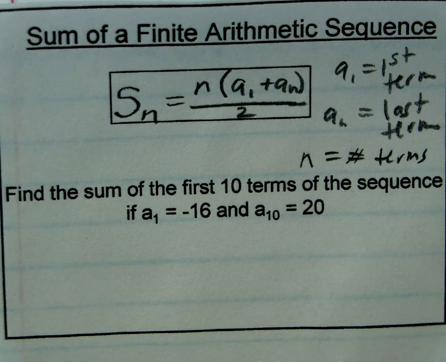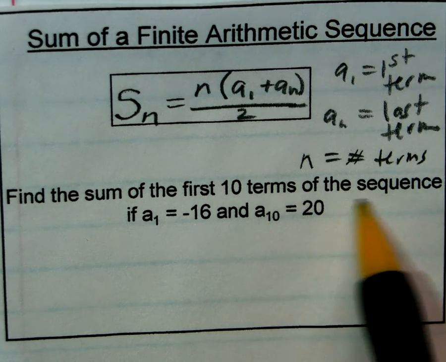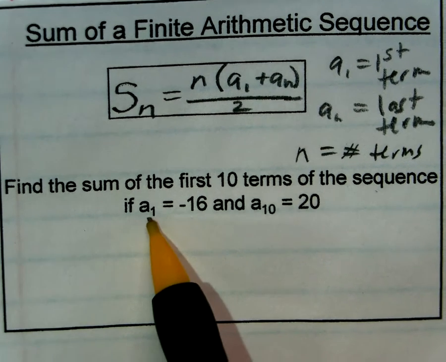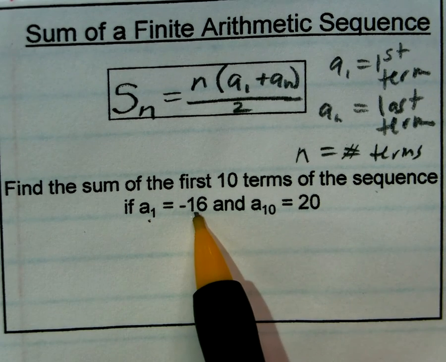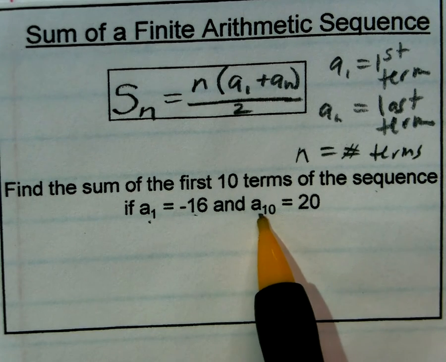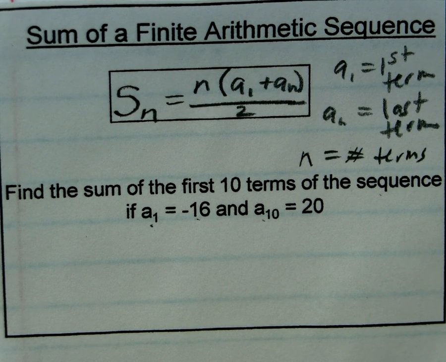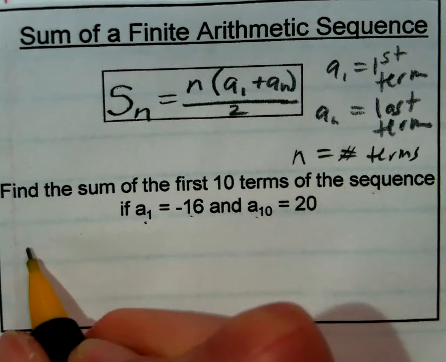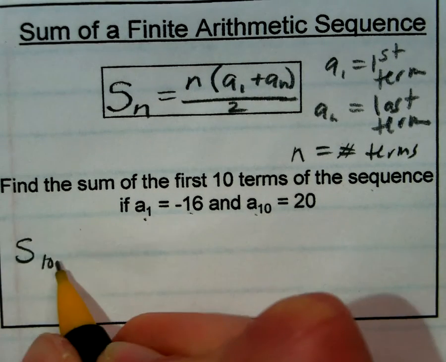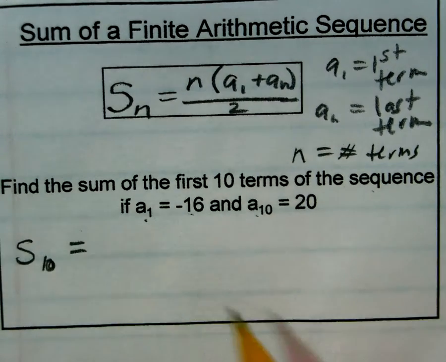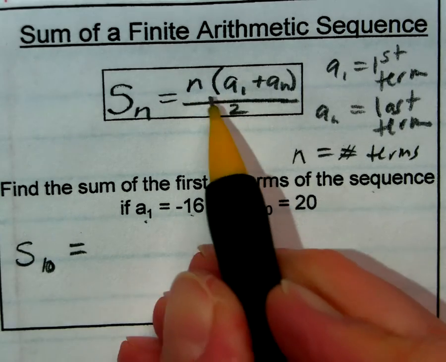So it says find the sum of the first 10 terms of the sequence if a1 is negative 16, so that's the first term, and the 10th term is 20. So that's really all the information that we need. We know that there are 10 terms, so you put in 10 for n.